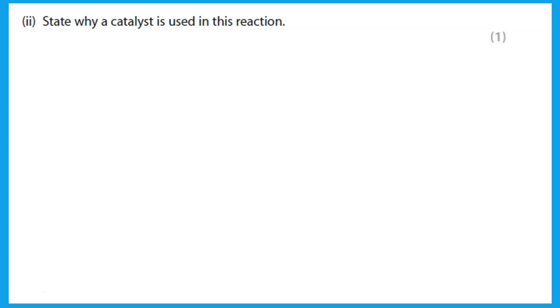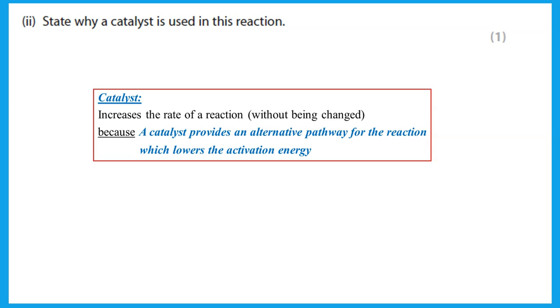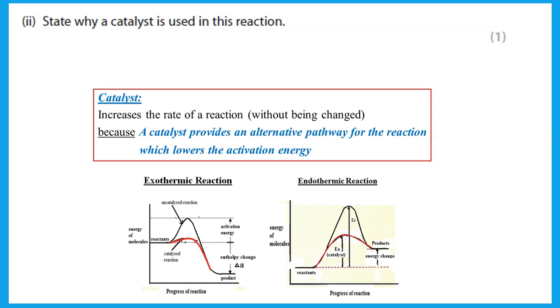State why a catalyst is used. Why do we use a catalyst? You should remember, a catalyst is a substance that increases the rate of a reaction. And you should know why. A catalyst increases the rate of the reaction because it provides an alternative pathway for the reaction, which lowers the activation energy.